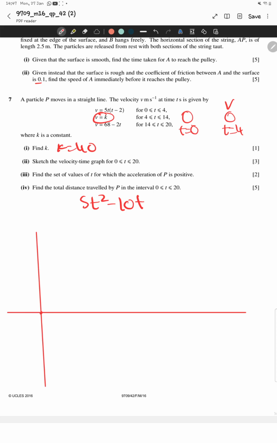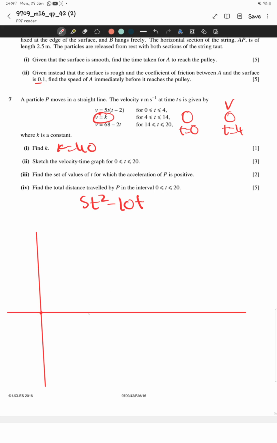And then we can find the maximum, I guess. We can check it at different times. Let's check it at t equals 2, where t into t minus 2.